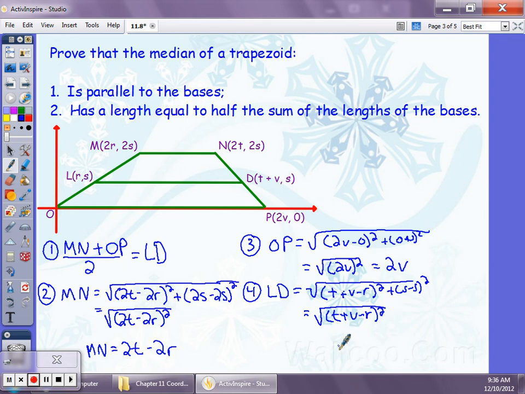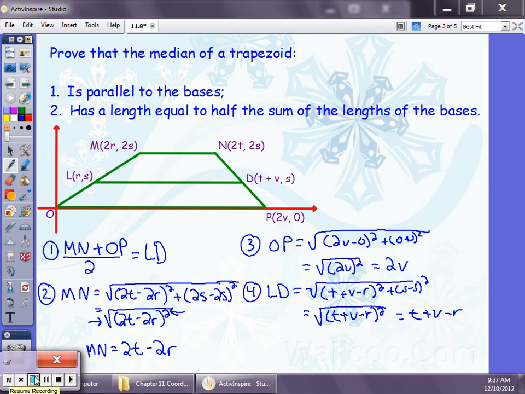So the distance of LD is going to be T plus V minus R. Remember that the reason that the root sign is disappearing is that a root and a square cancel each other out. So because we have a root and a square on all three distances, the root sign is going to disappear.